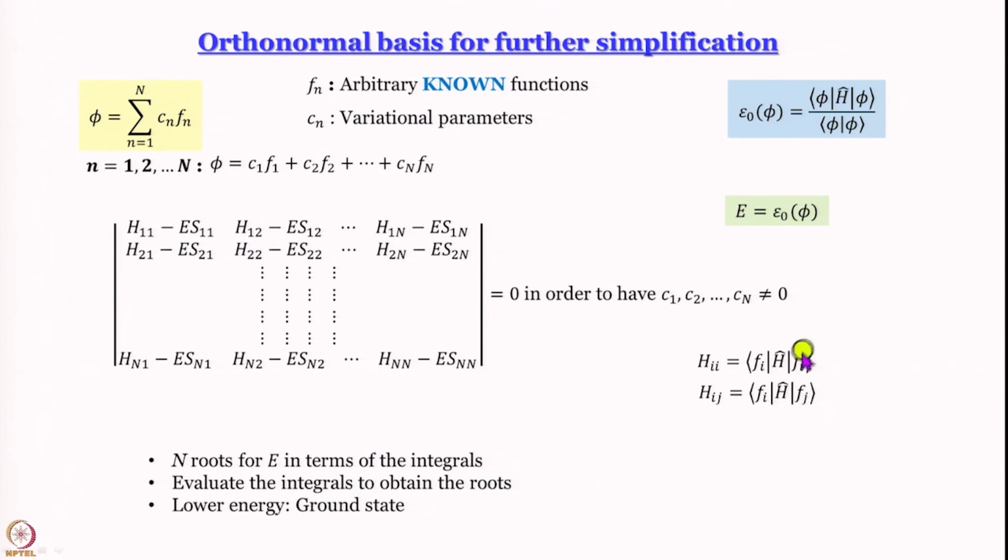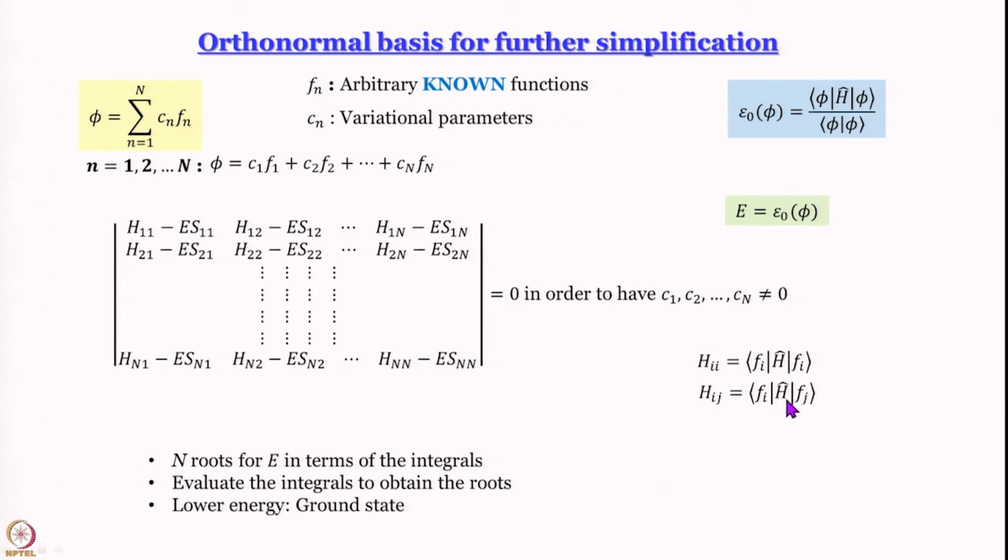So, if I choose an orthonormal basis where all these f functions are orthogonal to each other and are themselves normalized, then what happens? Then I know very well what Hij will be.